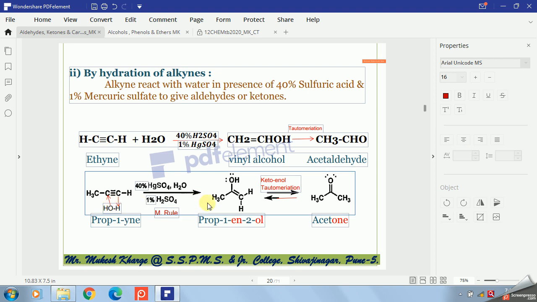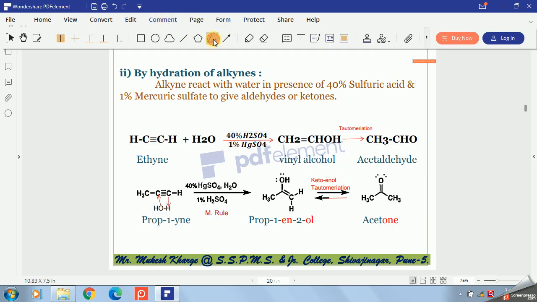So OH is added to the second carbon and hydrogen is added to the first carbon. So numbering is like this: 1 2 3. CH becomes CH2, the triple bond gets converted to a double bond, OH is added to this carbon, so here is the OH. Now it is also unstable, so it undergoes rearrangement.